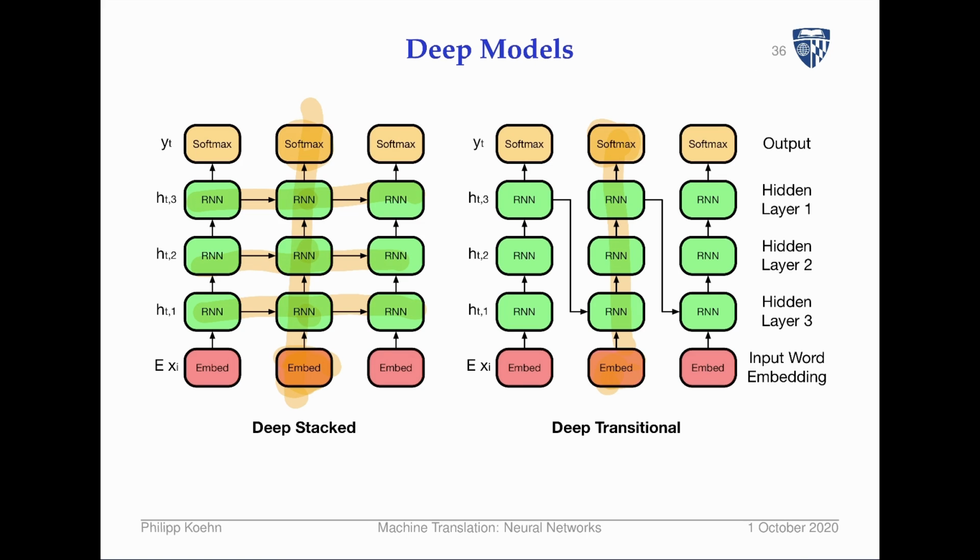Or they can just go through this entire processing chain and then move on to the next. We're passing the state of the last layer in this stack to the first layer in the stack when processing the next word. And there are also mixes of these architectures.